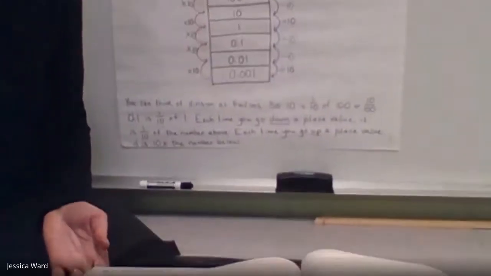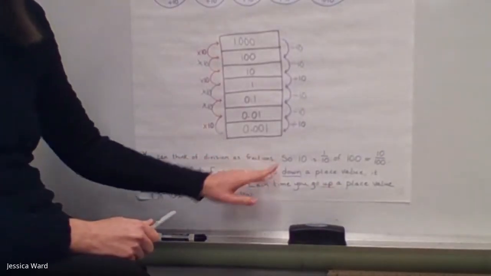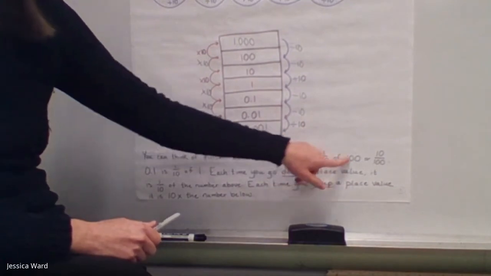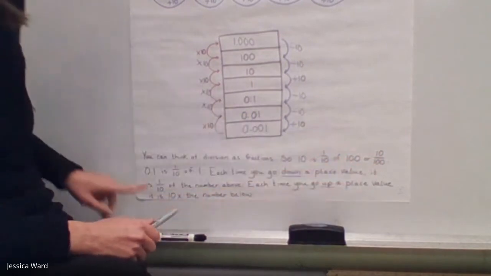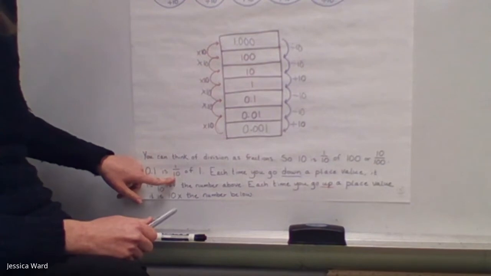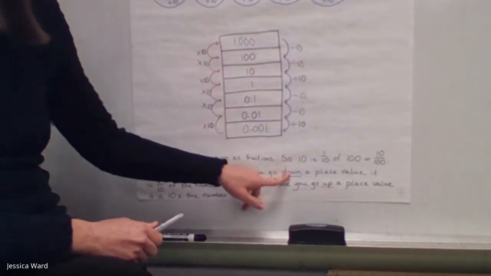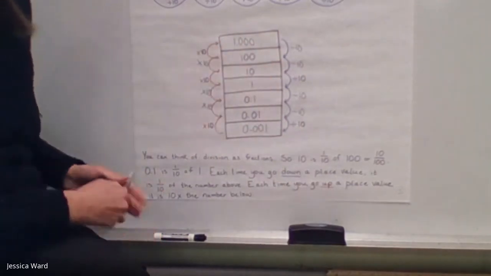So I've written a little note down at the bottom that says you can think of division as fractions as well, remember? So 10 is 1 out of 10, or 1/10 of 100, or 10 over 100. 0.1, or 1/10, is 1 out of 10, or 1/10 of 1. Each time you go down a place value on our ladder, it is 1/10 of the number above.